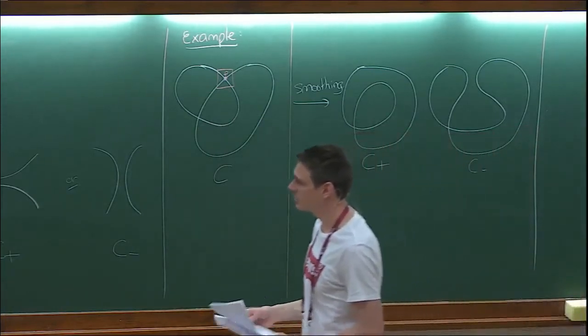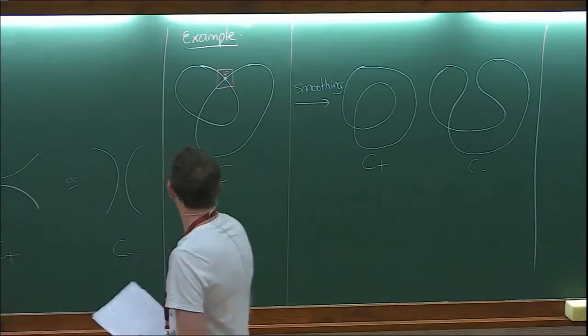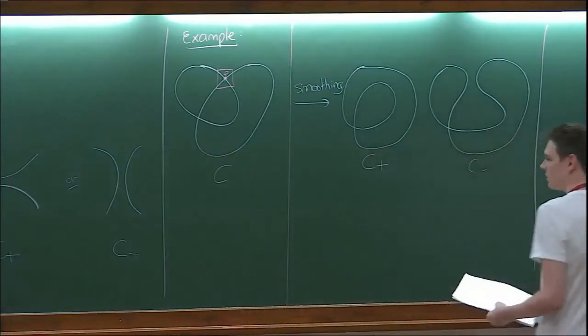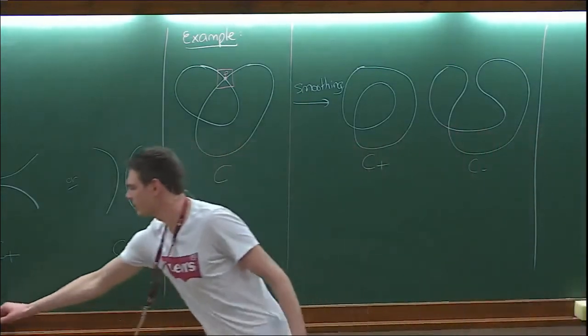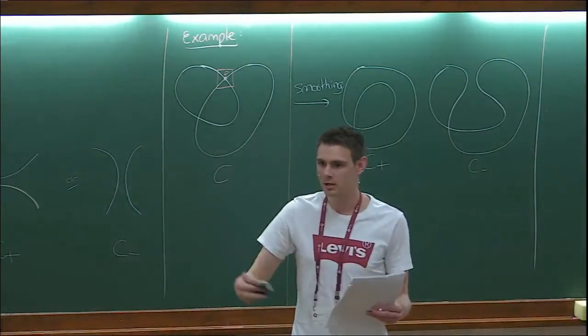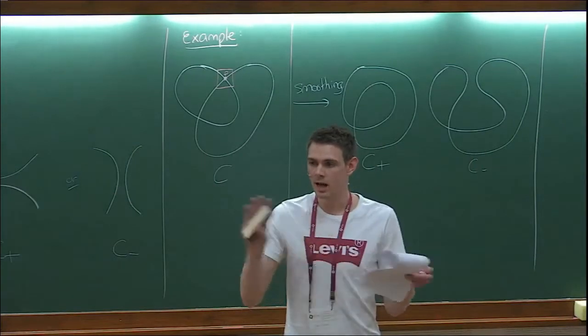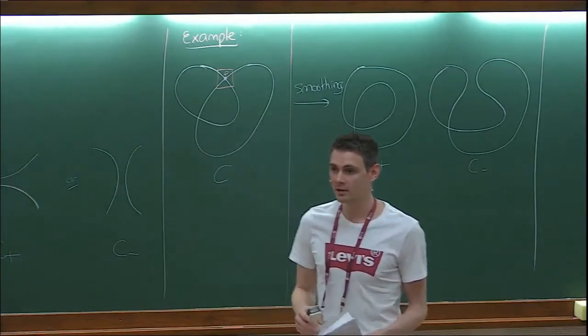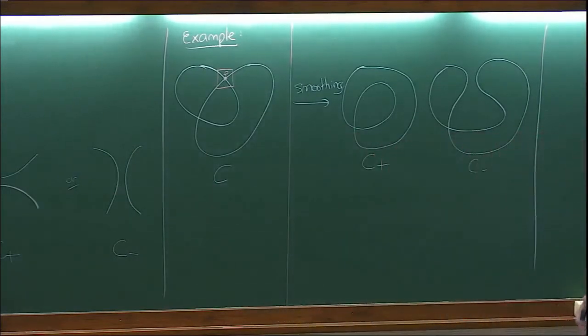And so this is going to be the idea of what we do. We start with a bunch of intersecting curves, and we continuously apply smoothing, so we're left with collections of curves in which none of them have intersections. Okay?